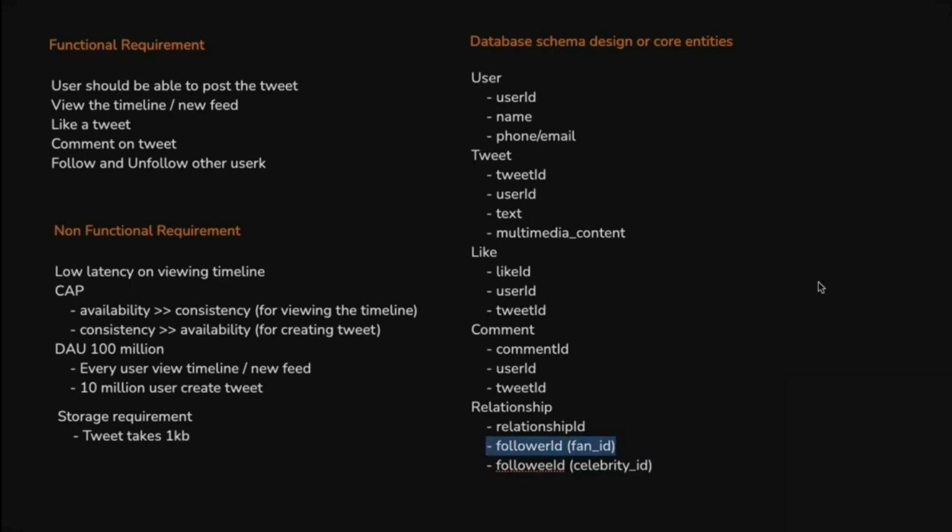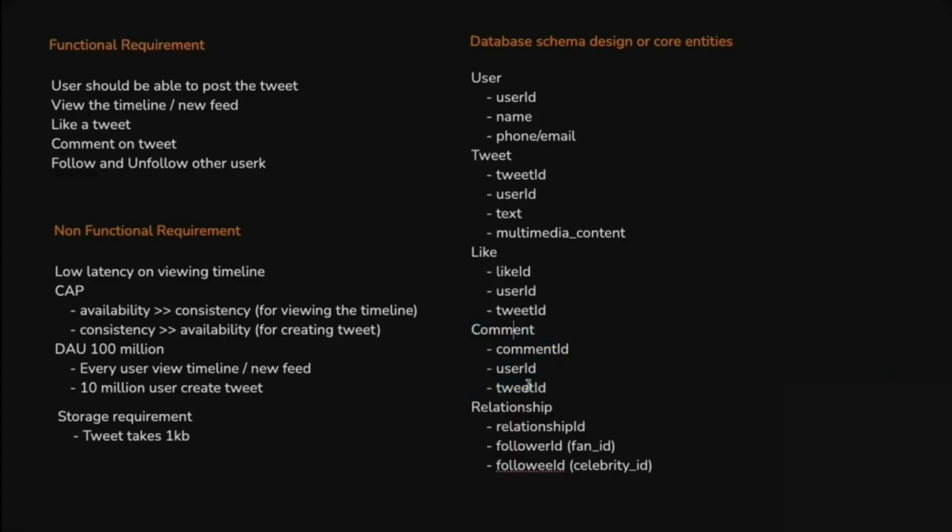Similarly, when we want to count how many likes exist in our system for a particular tweet, we can count how many records exist in this table for that tweet. The same applies for comments. Here we can get the list of comments for a particular tweet.